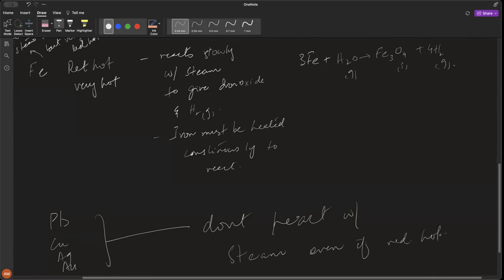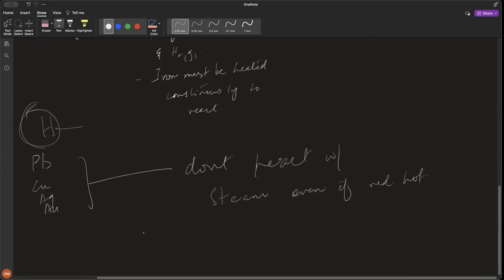Even if they are kept very hot, constantly heated, they still do not react with steam. And the amazing part is that all of them are below hydrogen actually, right?